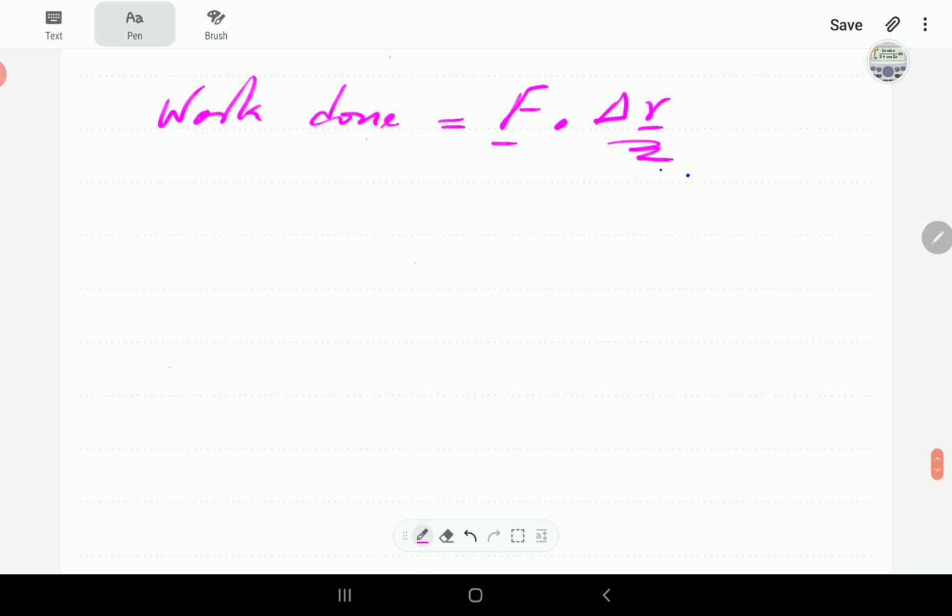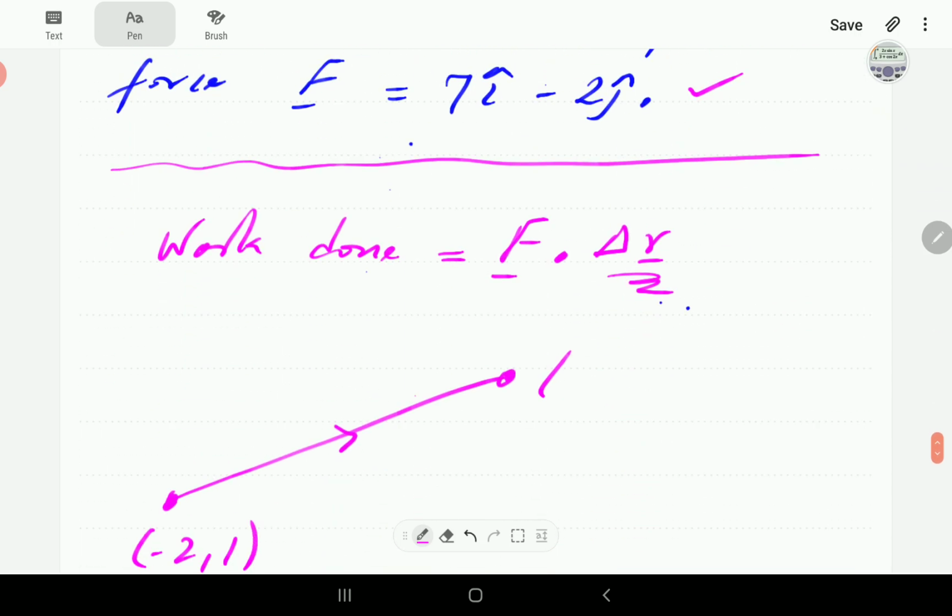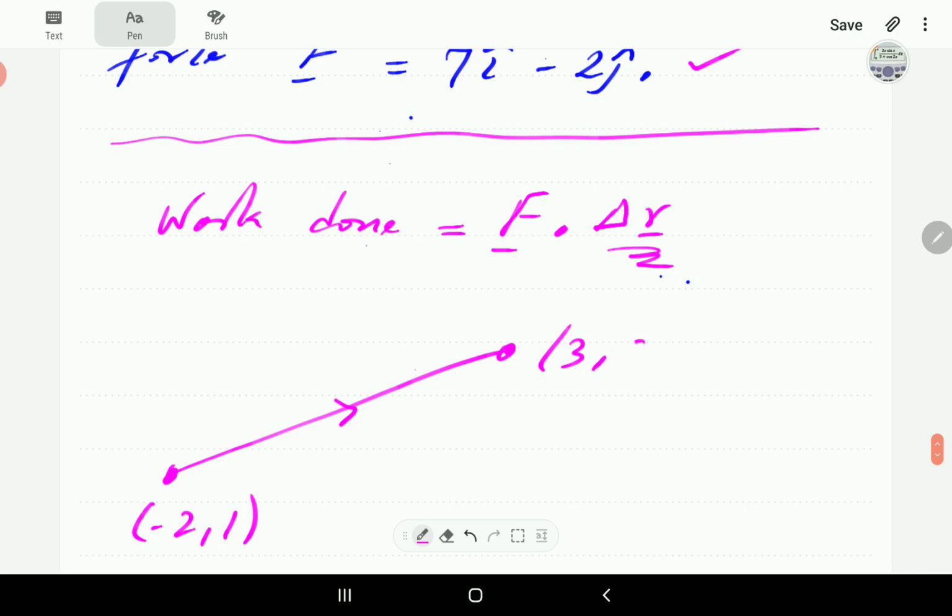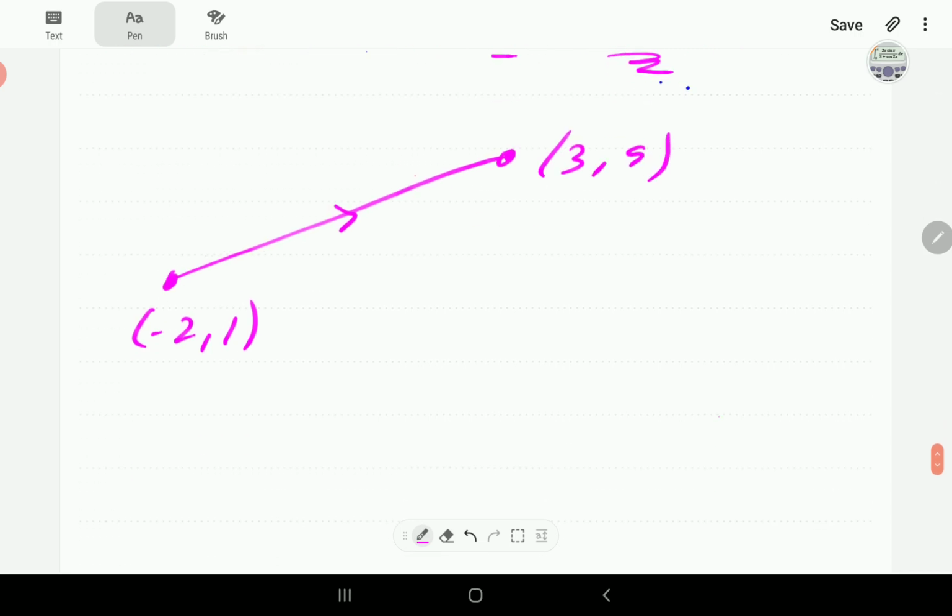So delta r is going to be, we're moving this thing from (-2, 1) to, it's a straight line, (3, 9). So we need to express that as a vector. The x component is going to be 3 minus negative 2.